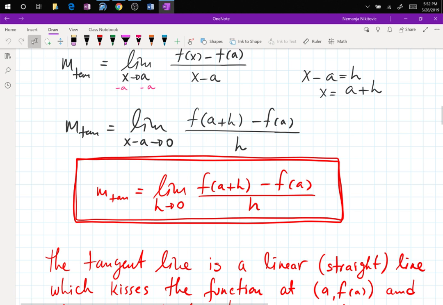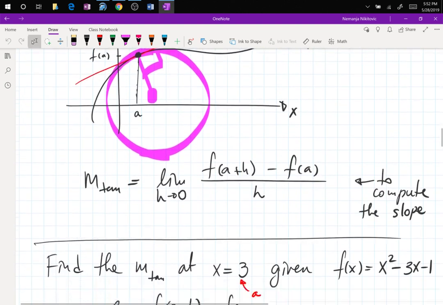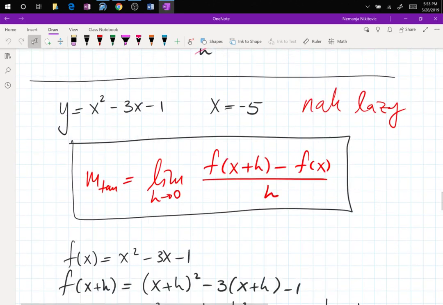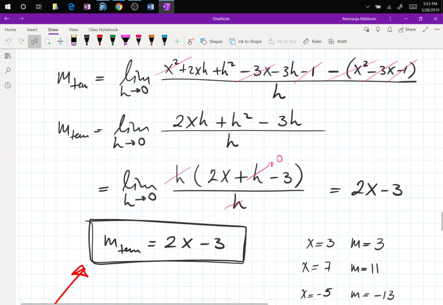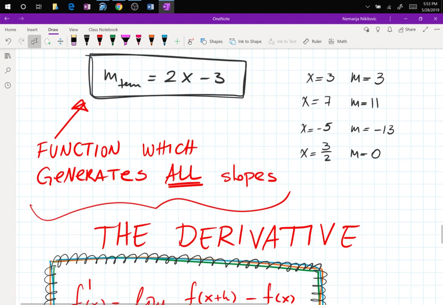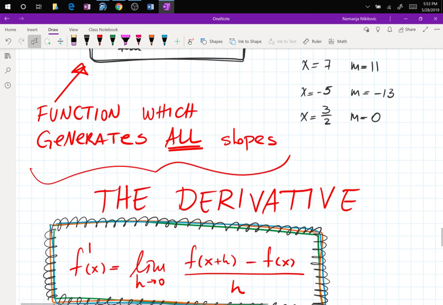All right. So we found the formula to calculate each slope individually, but because we're all terribly lazy, there you go, we swapped those a's for x's to find the formula which will calculate all of the slopes, and then we can calculate one by one.